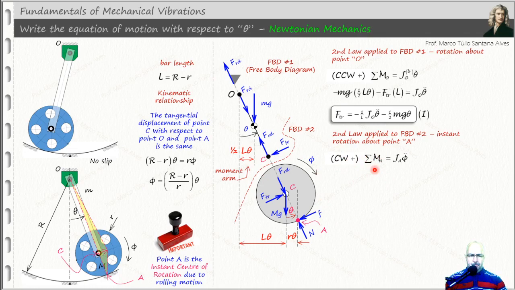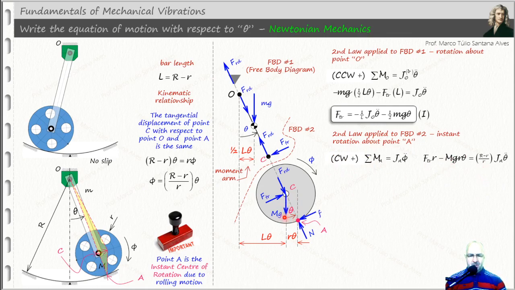The sum of moments about A is equal to the mass moment of inertia of the disk about A. If we proceed, the moment generated by the tangential force can be calculated as tangential force times R. Positive because it agrees with this reference here.